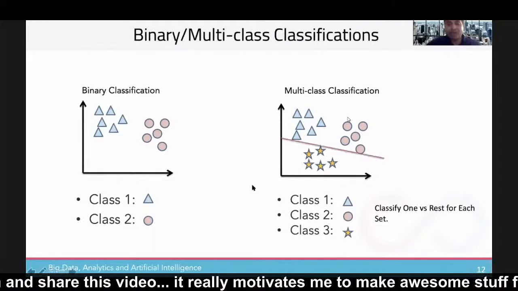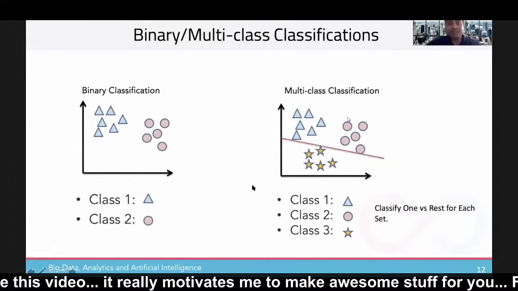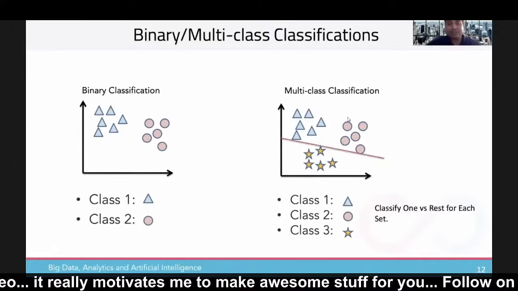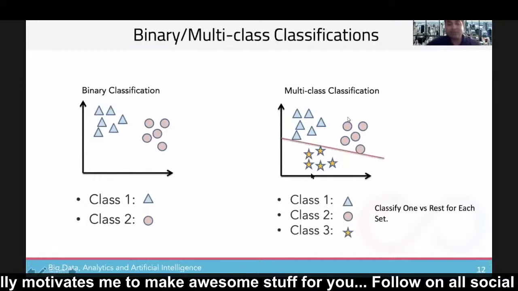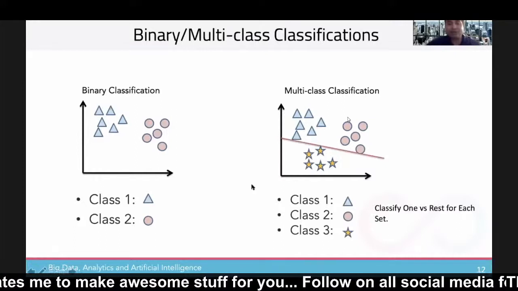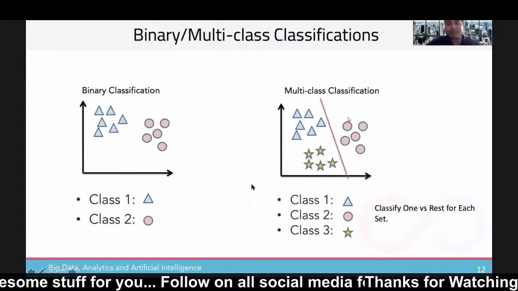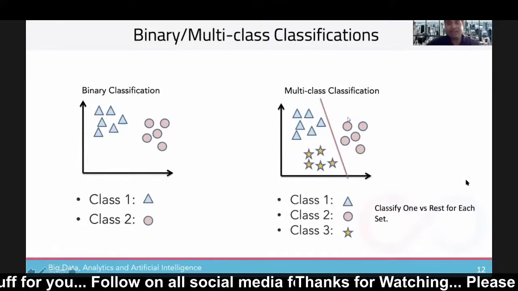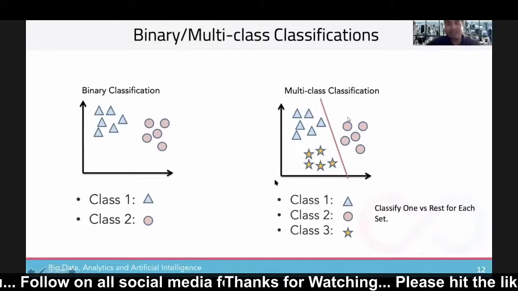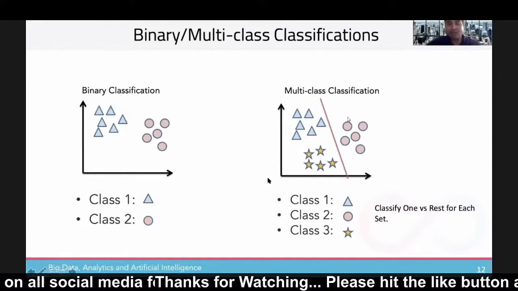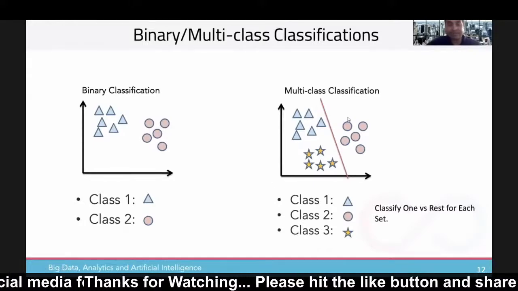To classify this, we classify one versus the rest. So we start with stars, then triangles, and then circles. That way, we can identify these three separate categories.